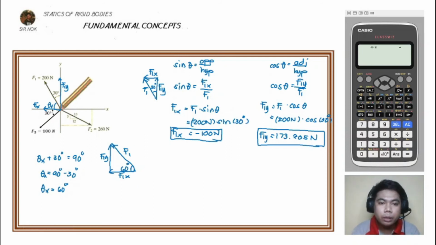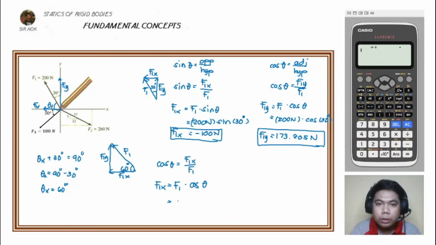So for this time, in our force triangle, F1x becomes the adjacent side of the angle 60 degrees. So we're going to use cosine theta. So cosine theta is equal to adjacent over hypotenuse, so F1x over F1. So F1x is equal to F1 times cosine theta.